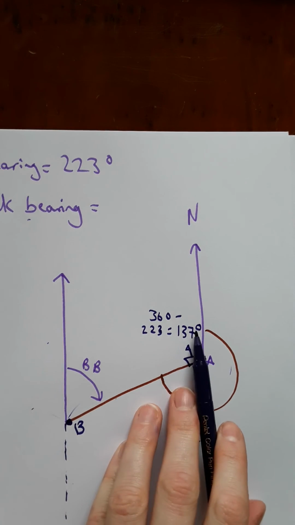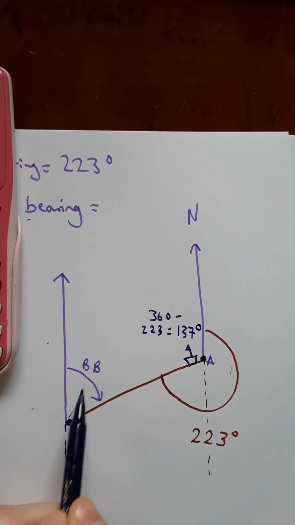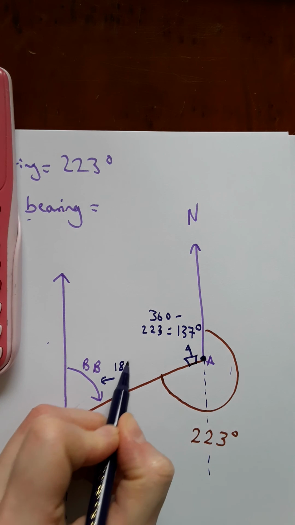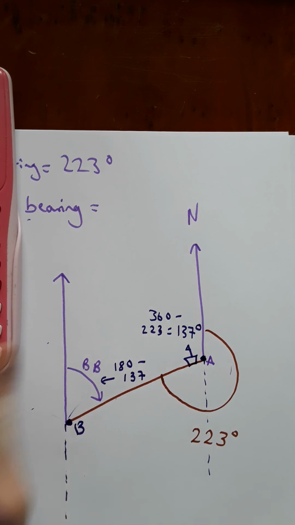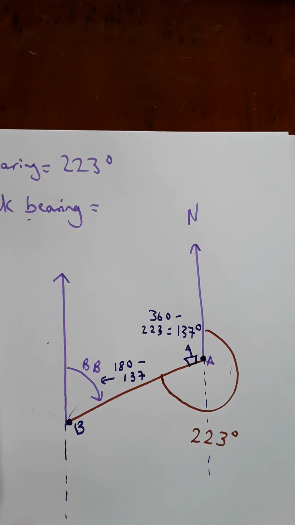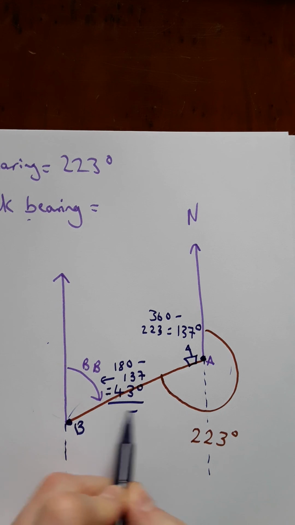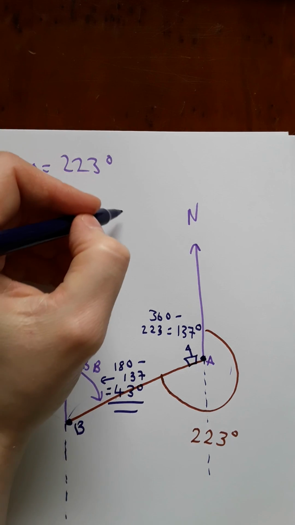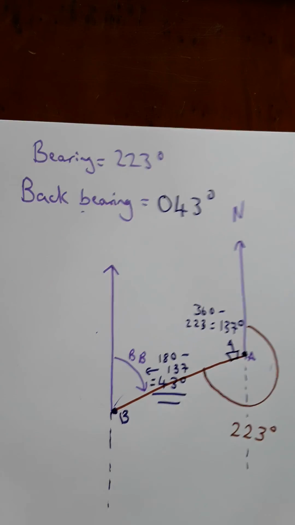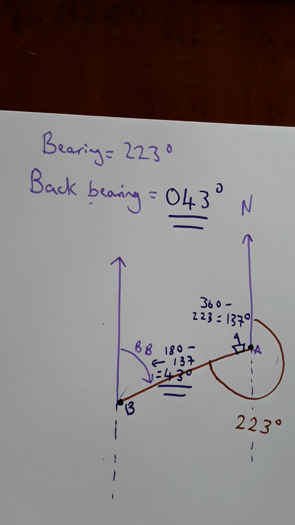So I know that if this is 137 and this have to add up to 180, this must be 180 minus 137, which equals 43 degrees. Now, 43 degrees isn't my final answer because I have to put it into 3 digits. So my final answer would be 043 degrees. Job done.